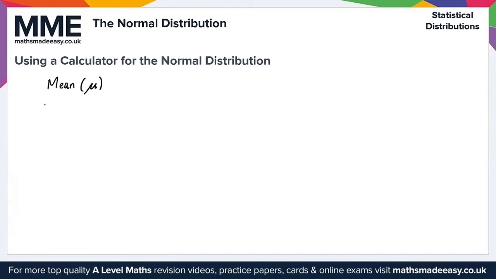We need a standard deviation, denoted with the Greek letter sigma. And we also need an upper and lower bound on our random variable x to produce a probability.